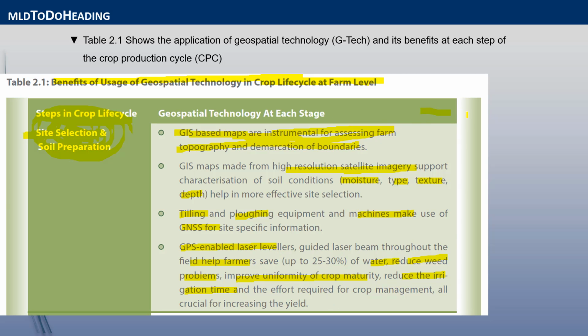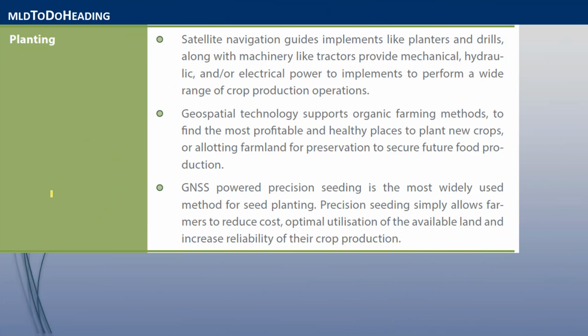So these are the geospatial technologies which can help in the earlier phases of the crop life cycle, that is site selection and soil preparation.